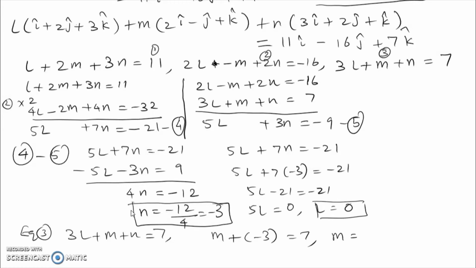So m is equal to 7 plus 3, that is equal to 10. Therefore, L is equal to 0, m is equal to 10, and n is equal to minus 3. That's our answer.